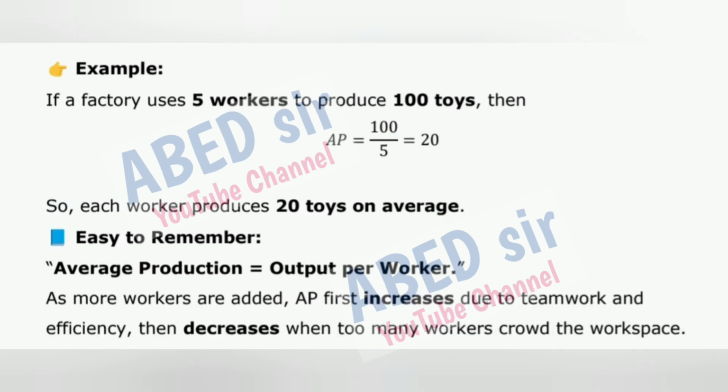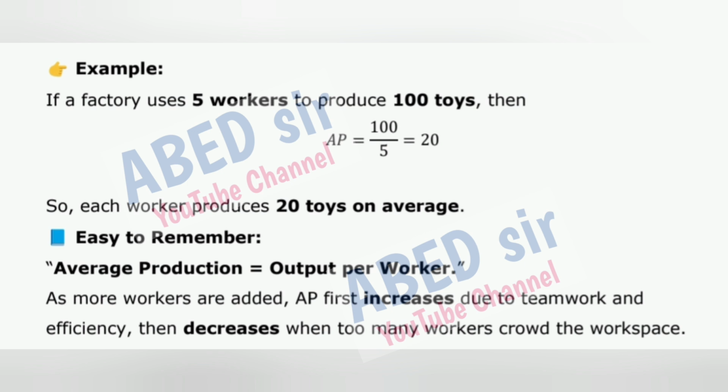Example: if a factory uses 5 workers to produce 100 toys, then AP = 100/5 = 20. So, each worker produces 20 toys on average. Easy to remember: average production is equal to output per worker.